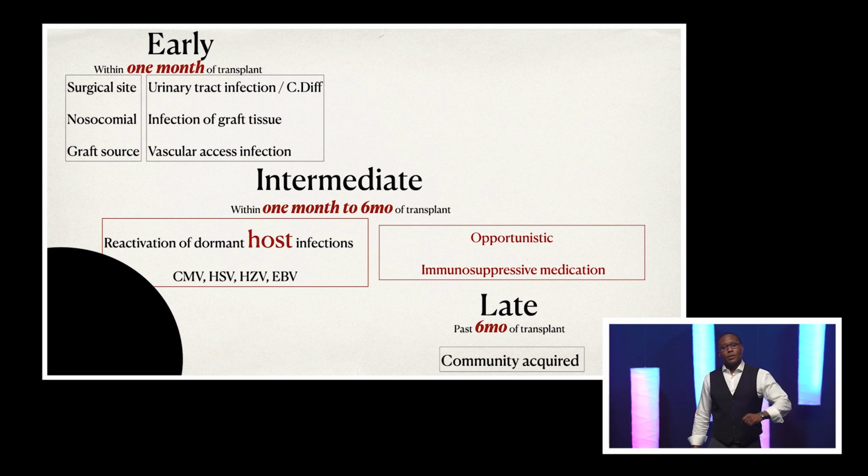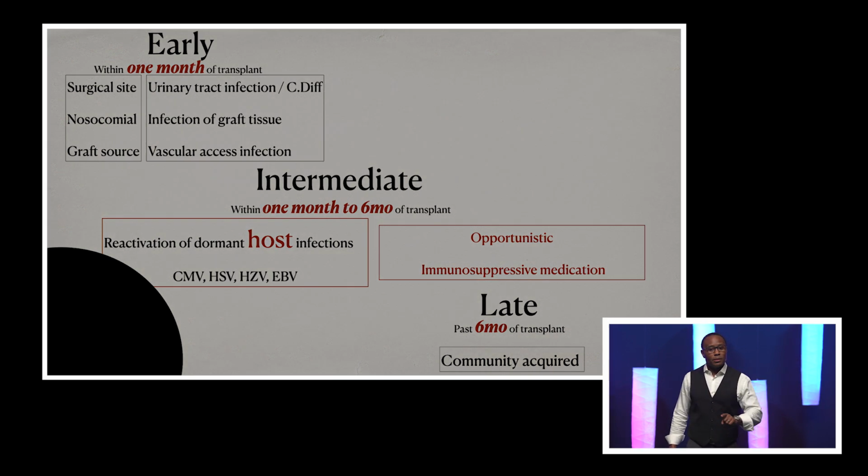Now you're concerned with community-acquired catalysts for your infection. In fact, these patients go into different categories as well. There's the healthy transplant patient. There's also chronic rejection and chronic viral infection.